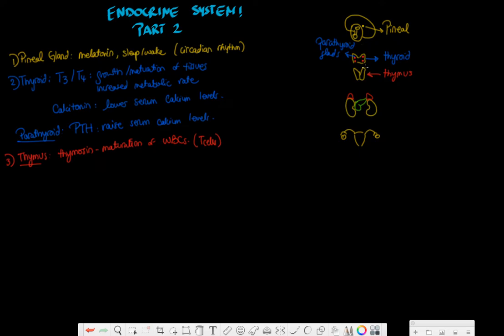Now, if we make our way down the human body, what you'll see are the kidneys, and the kidneys have yet another endocrine gland sitting on the superior side, and these are the adrenal glands. So let's talk about those.